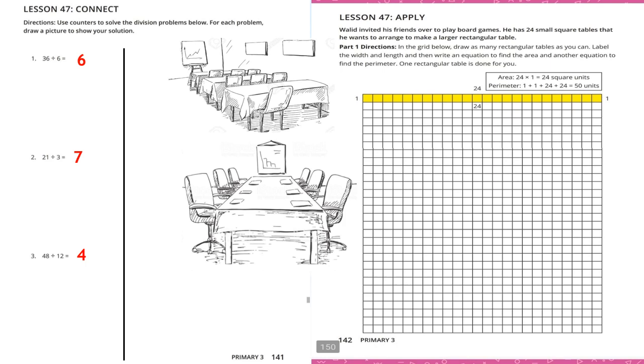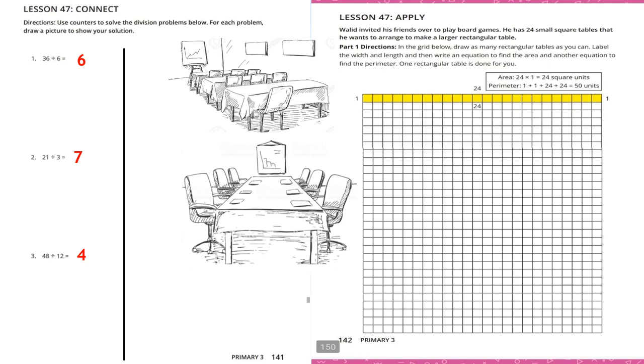Here, like this photo, we have some tables. He wants to arrange all of them together beside each other to make a large rectangular table. And the total should be 24 small squares.